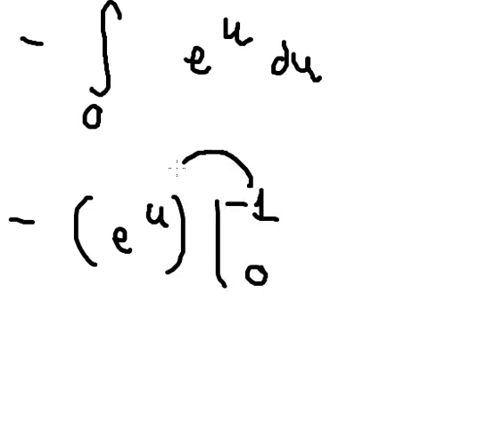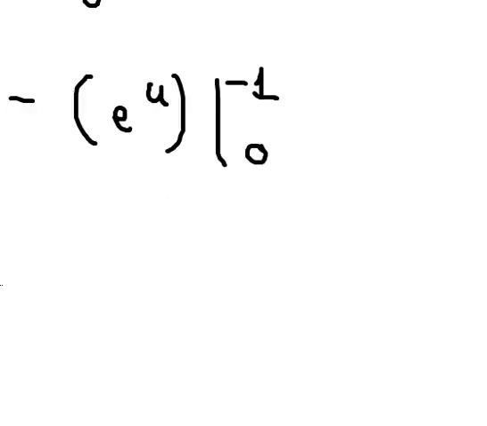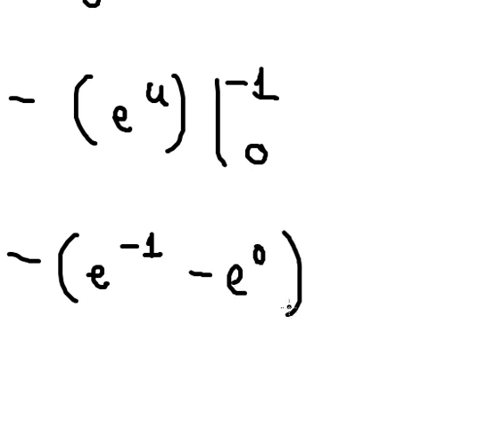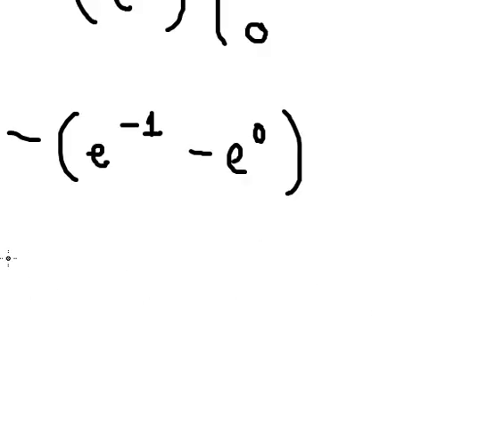So I will put negative number 1 in here, number 0 in here. So we simplify, and we have negative 1 over e plus number 1.